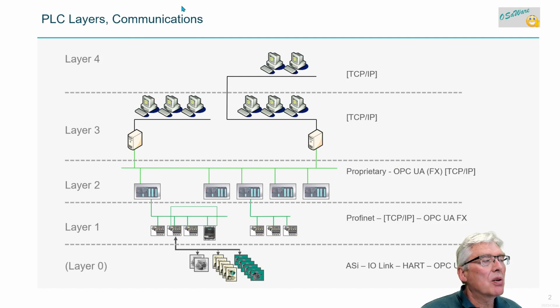PLC layers and communication between the layers. Down on layer 0 in the field, we have actuator sensor interface, IO-Link, HART, OPC UA FX hopefully in the future soon, and others too. The Americans, of course, have their own protocols here. In layer 1, they use Profinet, TCP/IP, or hopefully OPC UA FX in the future for device communication.